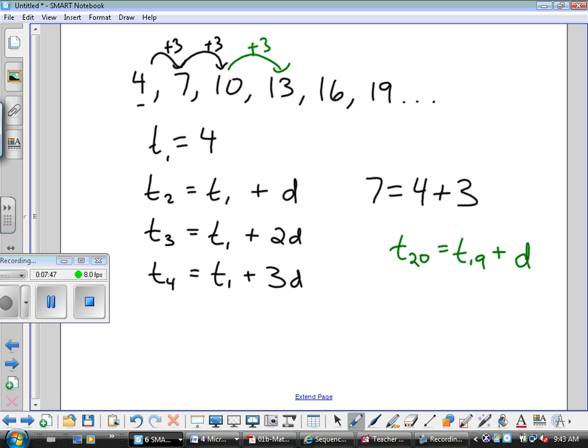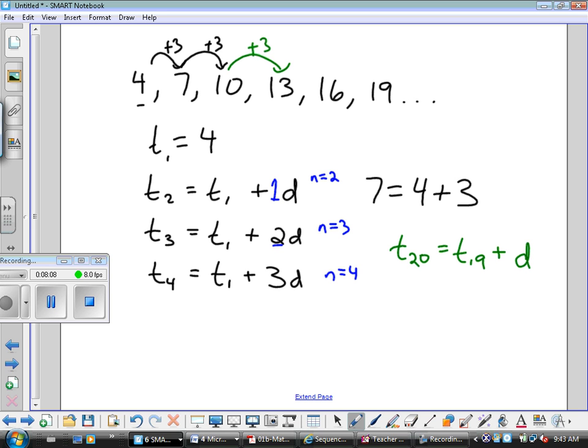And so looking for a pattern, remember we said that for the second term, n equals 2, and we're multiplying by d one time. For the third term, n equals 3, but we're multiplying by d 2 times. And when n equals 4, we're multiplying by d 3 times.